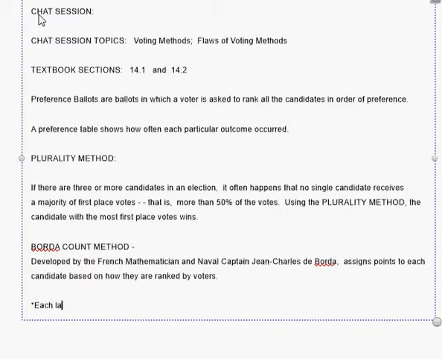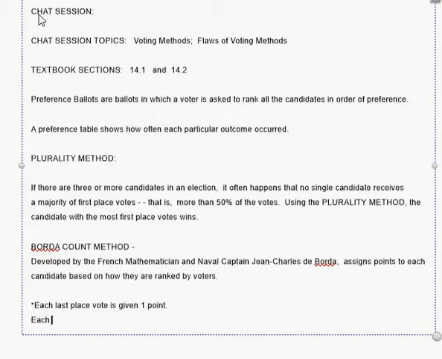Each last place vote is given 1 point. Each next to last place vote is given 2 points.